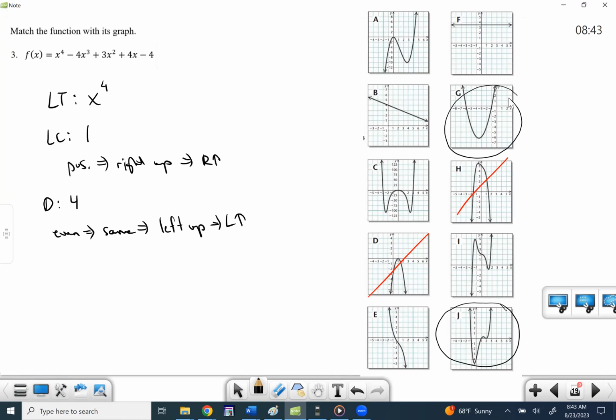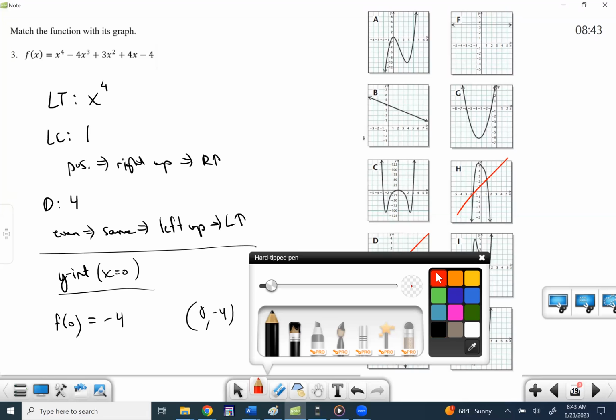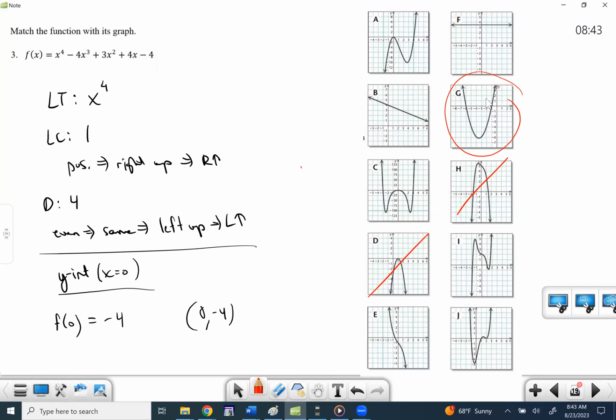I think we can tell it's not a parabola, so it's probably not going to be G. But let's go in and check that y-intercept again. Remember the y-intercept is when x is 0, and that's simply always going to be the last number. So the y-intercept for this problem is going to be -4. So 0, -4.